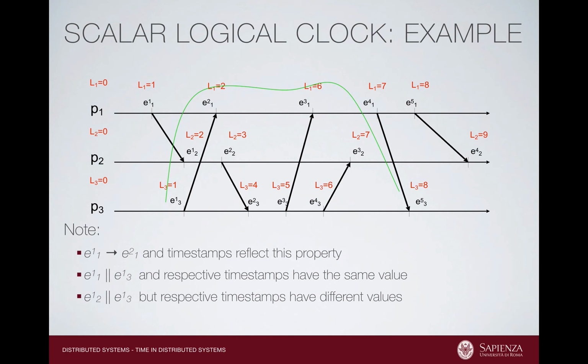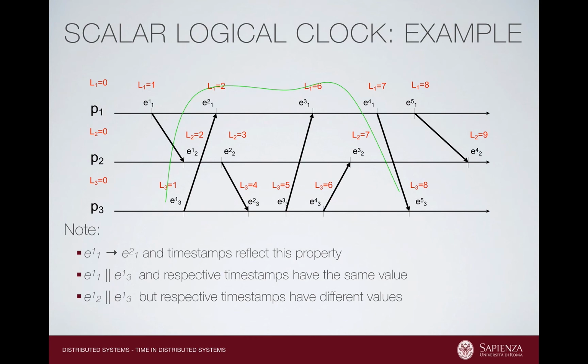Notice that this logical clock works only in one way. If an event happened before the other, then the logical timestamp will show it. But with events that are concurrent, the timestamp says nothing. Why? Take, for example, the first event on P1 and the first event on P3. They have the same timestamp, and this is fine because they are concurrent.